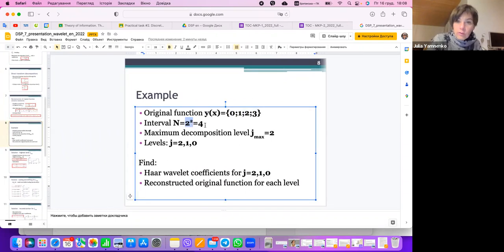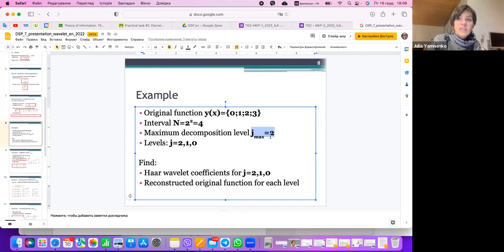So if you have 4, you know that it is the second power of 2. And it means automatically that your maximum possible level of decomposition, the starting point of your decomposition by wavelet, will be level J maximum equal to 2. You are starting from J equal to 2.